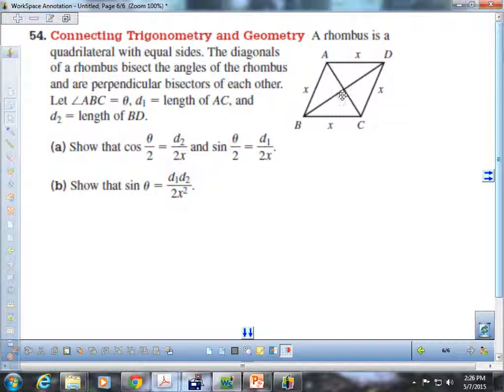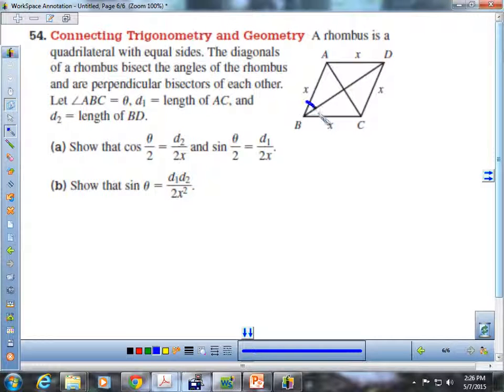Okay, so here with the rhombus, the diagonals did everything. They bisected each other. They bisected the base angles. They were perpendicular to each other. So each one of these individual triangles in here is what kind of a triangle? A right triangle. They're all right triangles. Okay. Let angle ABC be theta. So that's this whole angle right here.